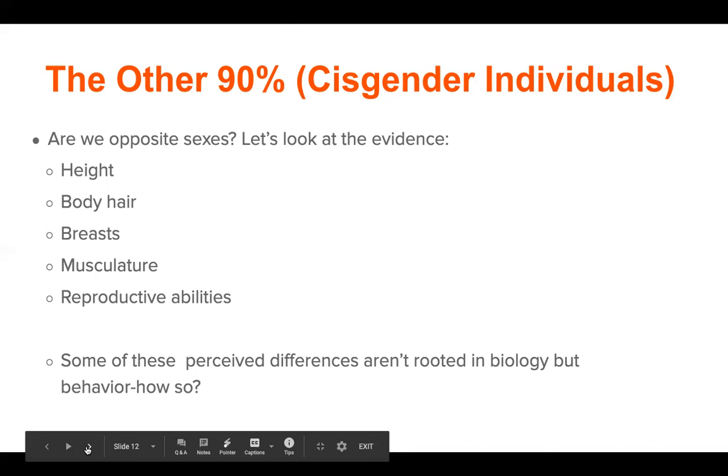Something like breasts, once again, on average, women have breasts and men don't. But there is a condition where men can develop breasts. And maybe more importantly, women's breasts vary dramatically in size.